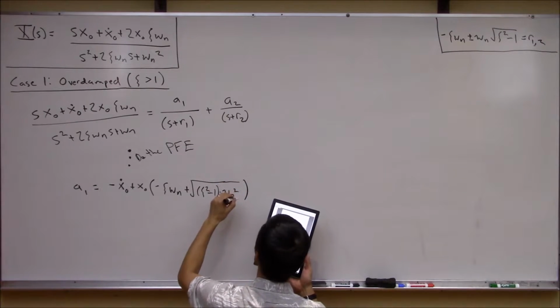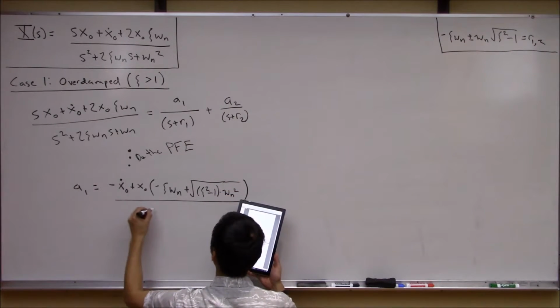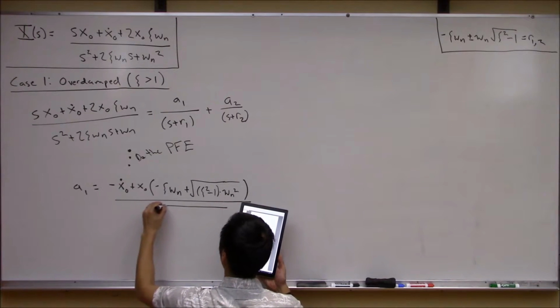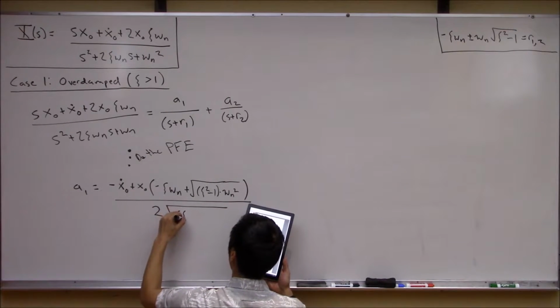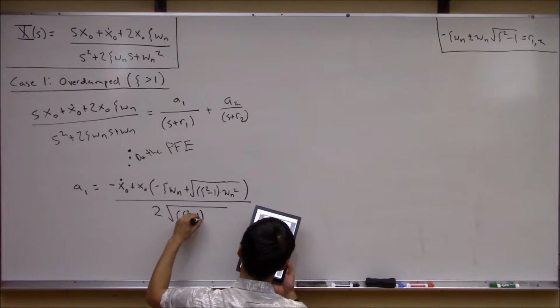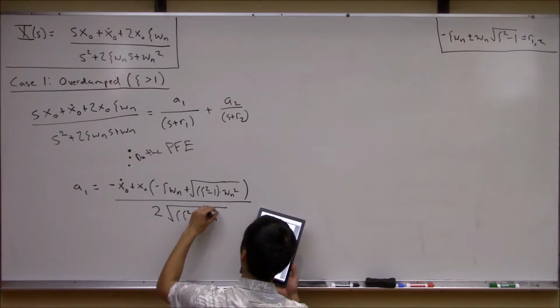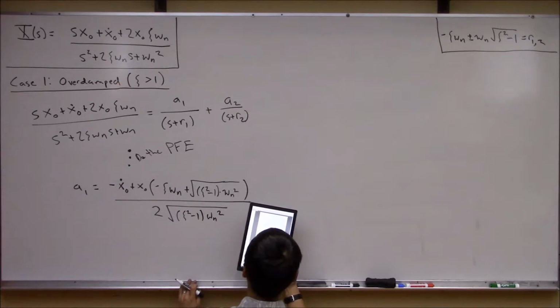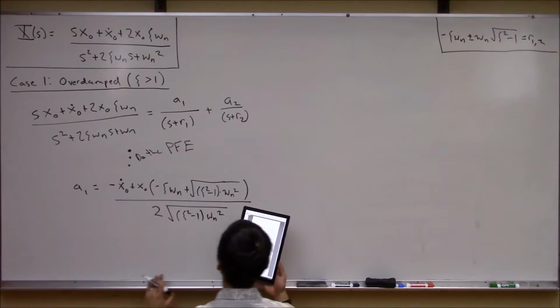In parentheses here, this is the numerator, and then the denominator looks like 2 times radical of zeta squared minus 1 times omega n squared. Okay, yuck. Whatever, you can do that though, no problem.